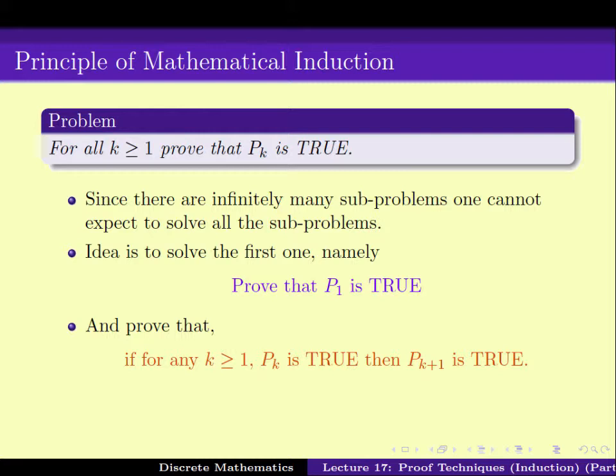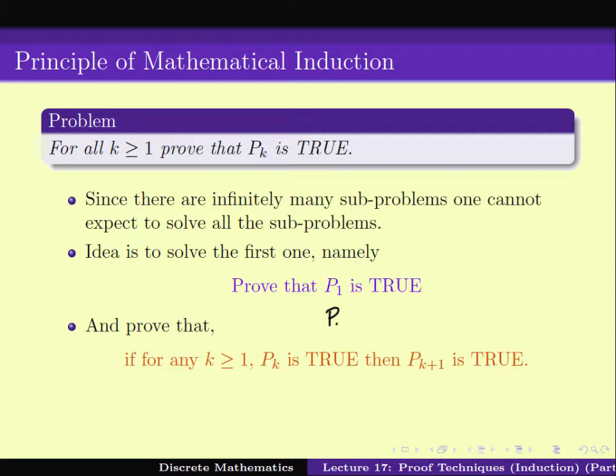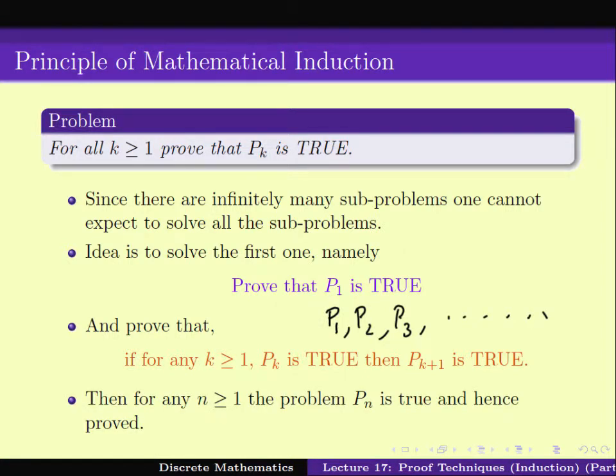Namely, say we end up proving that P1 is true, then the second one says that since P1 is true, therefore P2 must be true, since P2 is true, therefore P3 is true, and it goes on like that. And thus we end up proving that for all n, the problem Pn is true, which is exactly what we wanted to prove in the first place.